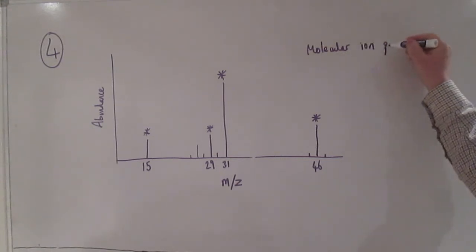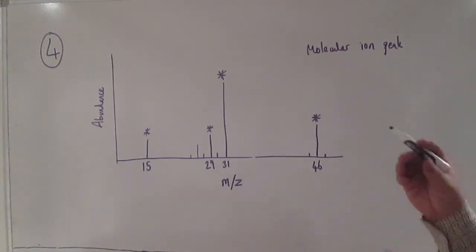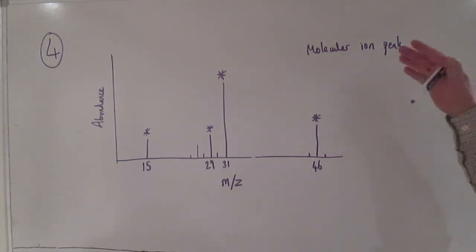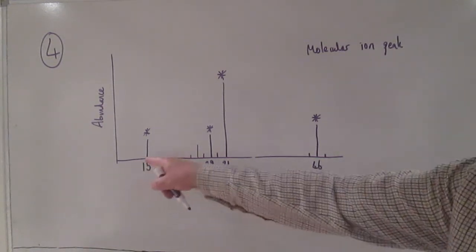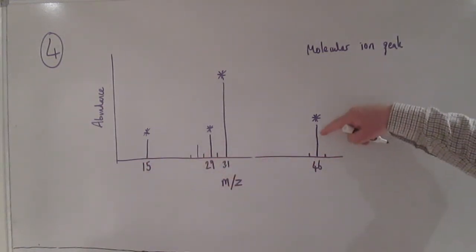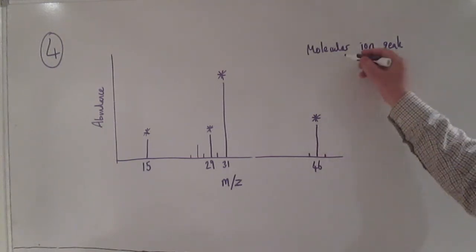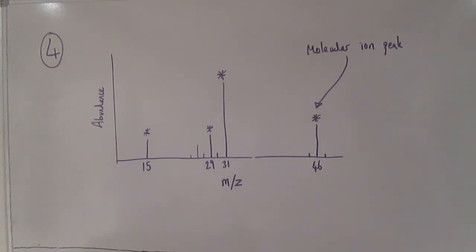And it's going to be easy to find because it's going to have a bigger mass than any fragments that result from it breaking down into bits. So if it has the biggest mass, the ion it generates will have the biggest m/z value. So what you do is you just look through for the peak that comes furthest to the right, and it's the peak there that's labelled with the star. So that's called the molecular ion peak.